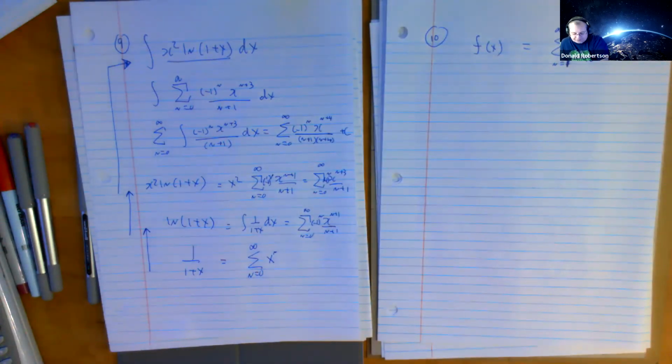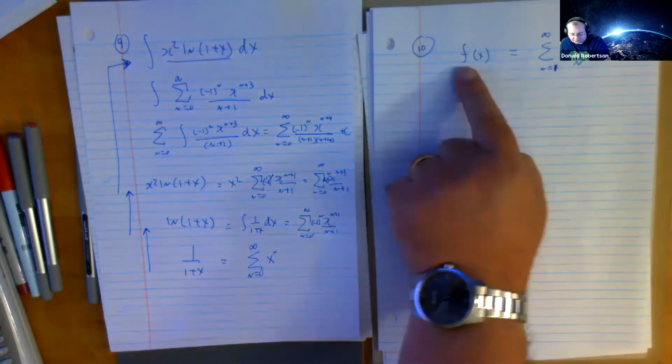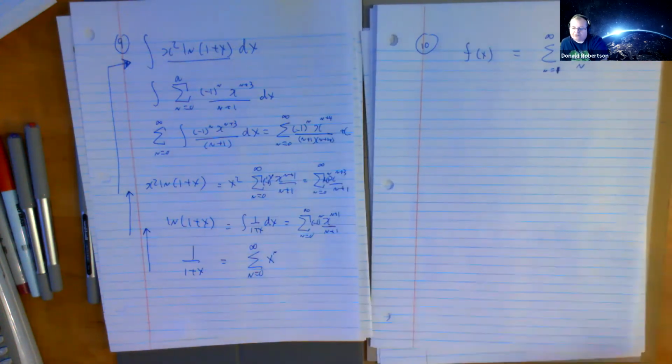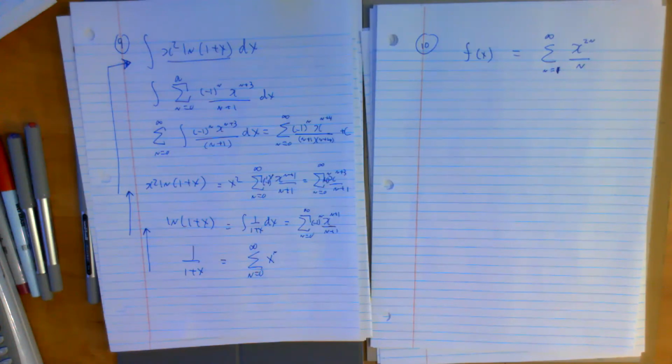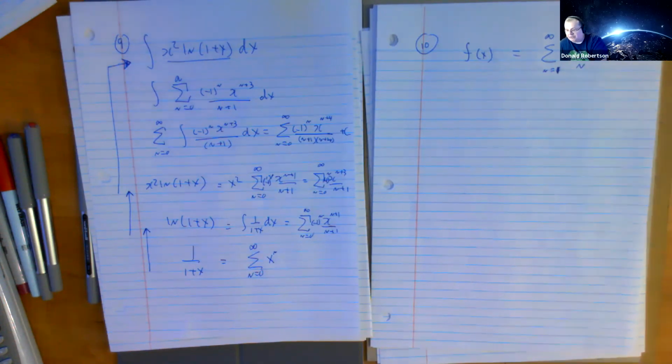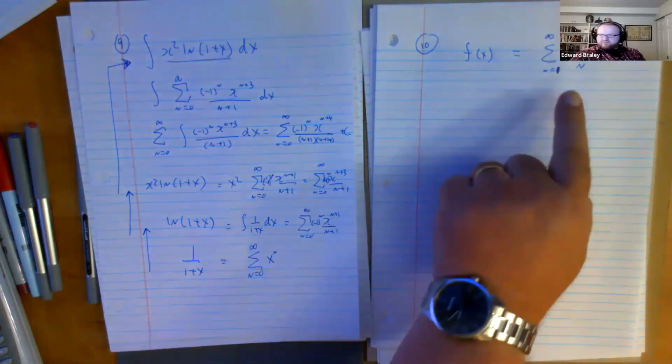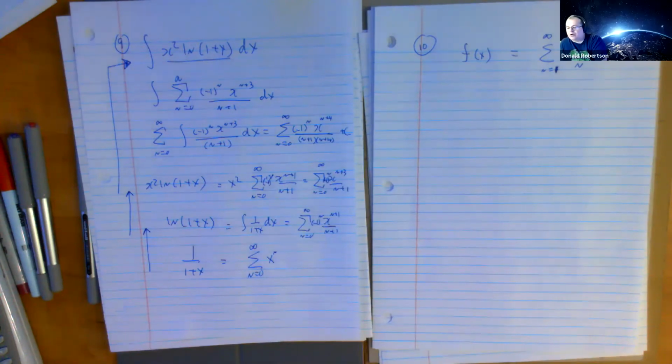Why does this particular power series, which I'm calling f of x, have to start at 1 instead of 0? Because if it started at 0, it'd be 0 over 0, and that's not good news, right? Most power series start at 0. Some of them start at 1.